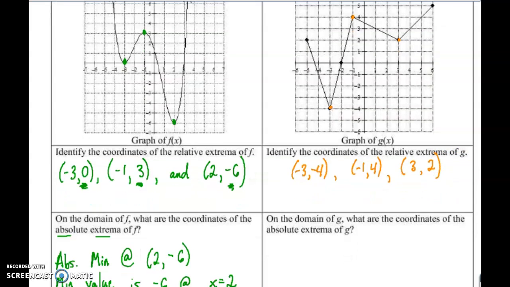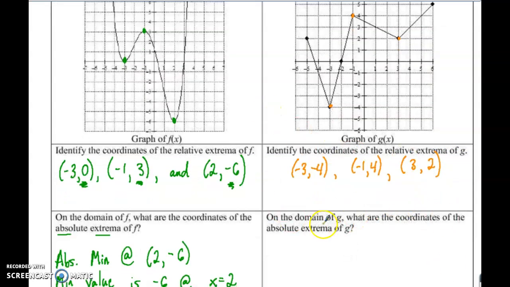As we look at the domain on this, what are the coordinates of the absolute extrema? Our absolute min is down here. The value would be -4, but I'll give you the ordered pair, (-3, -4). So the absolute min value is -4 at x equals -3.